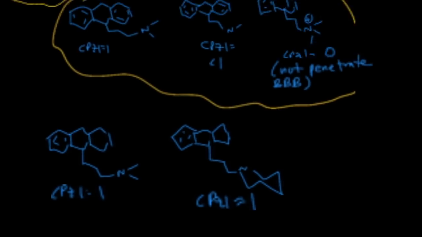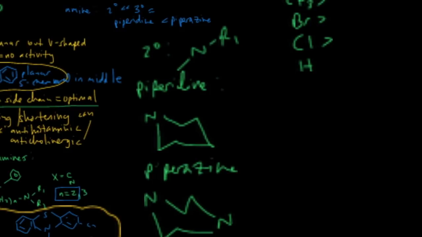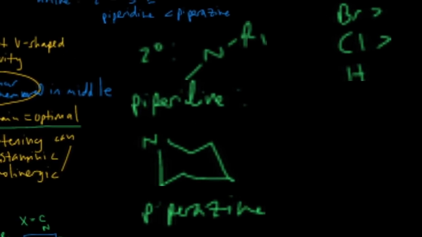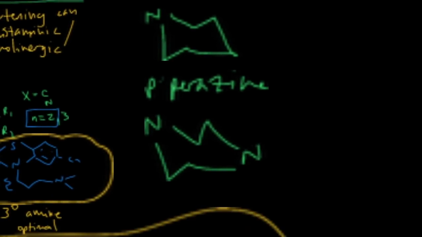Also, I said, continuing with this amine concept, what if I have a piperazine ring? What would the CpZi of a piperazine ring be compared to a piperidine ring? More than 1.